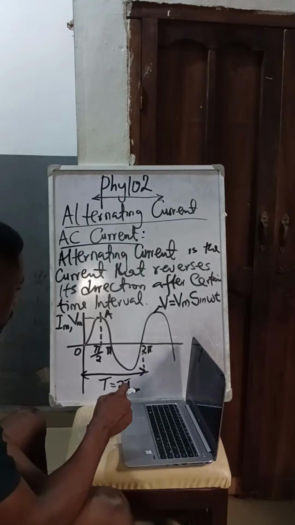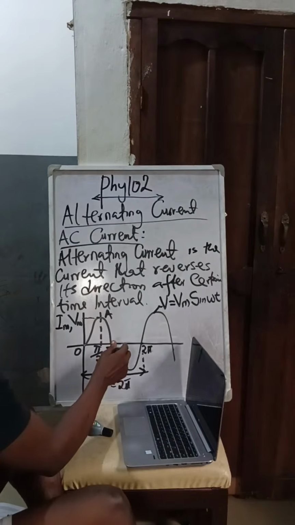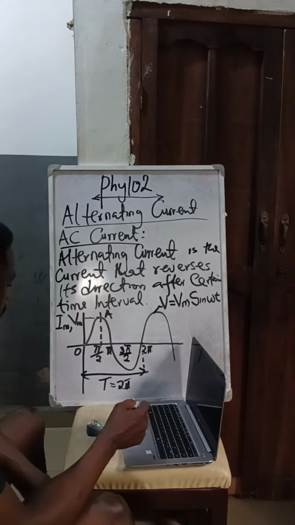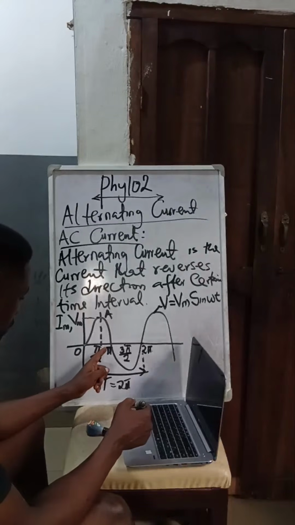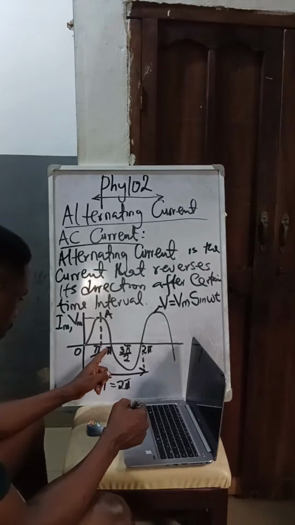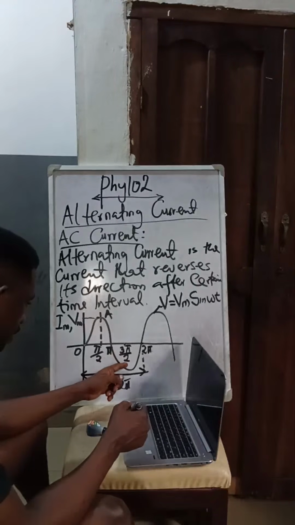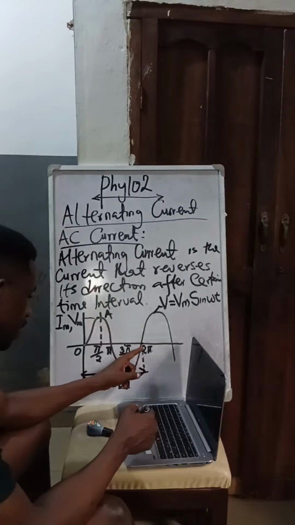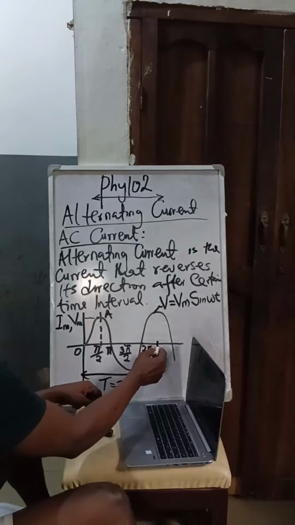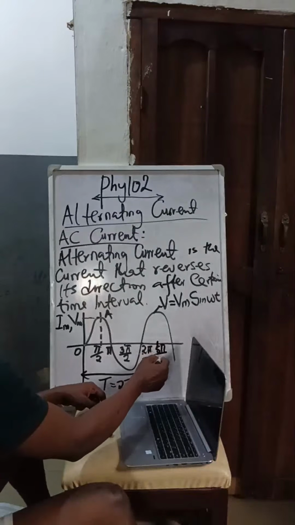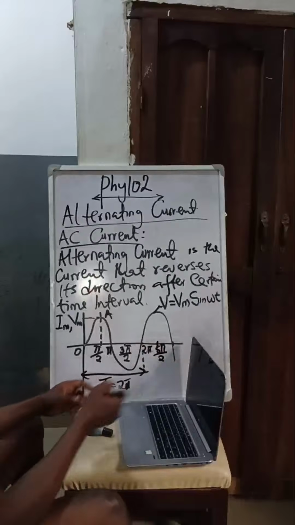Yeah, pi over 2. While here is 3 pi over 2. Yes, here is 1 pi over 2. Here is 2 pi over 2, which is pi over 1, which is pi. Here is 3 pi over 2. Here is 4 pi over 2, which is 2 pi. Here is 5 pi over 2. Then here is 6 pi over 2, and so on and so forth.